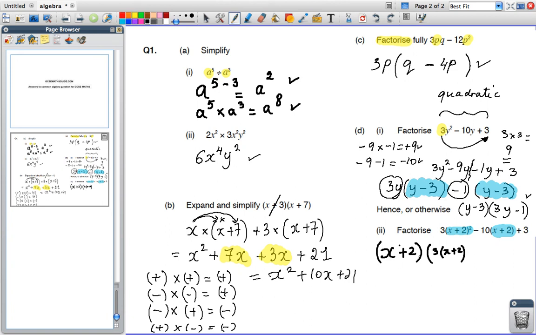And here I've got x plus 2, and I need minus 10x plus 2, so I'm missing a minus 10. And then finally I've got the plus 3 right at the end.